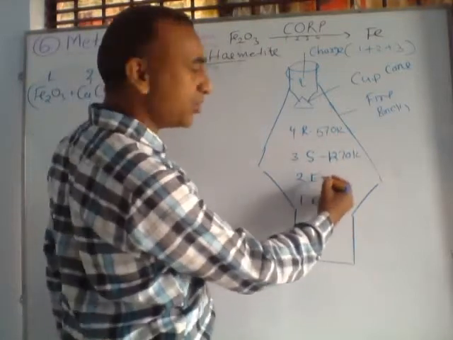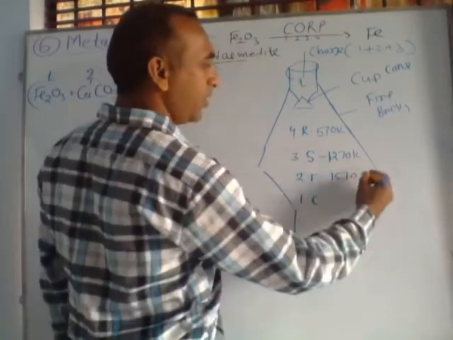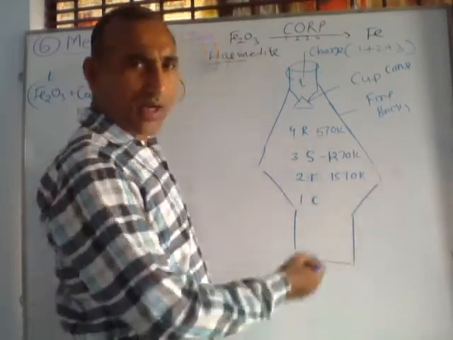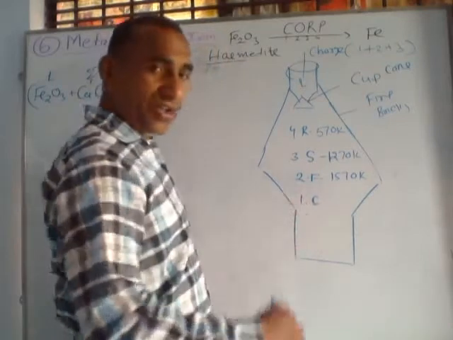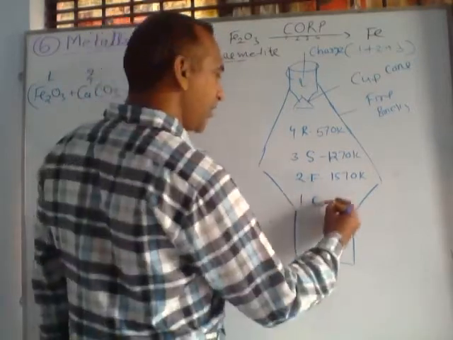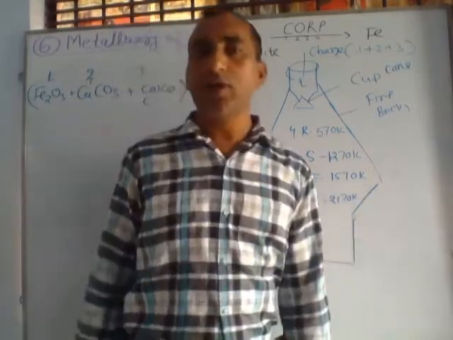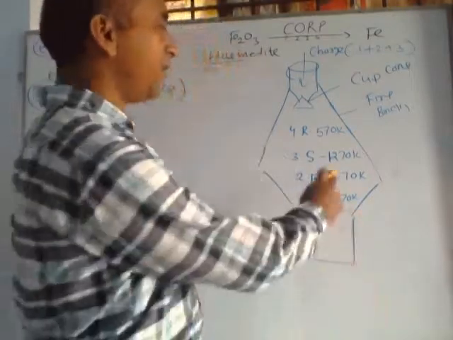In the second, the fusion zone, there is approximately 1570 Kelvin, and at the bottom there is the highest temperature. In the first, the combustion zone, the temperature is 2170 Kelvin.